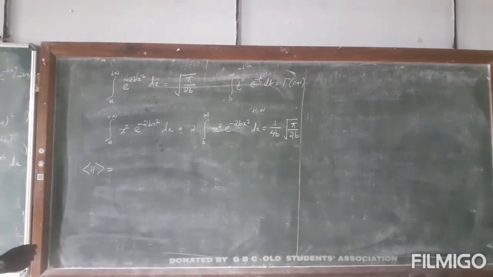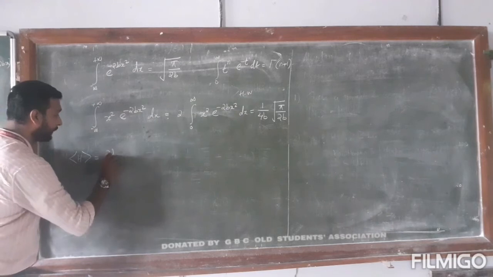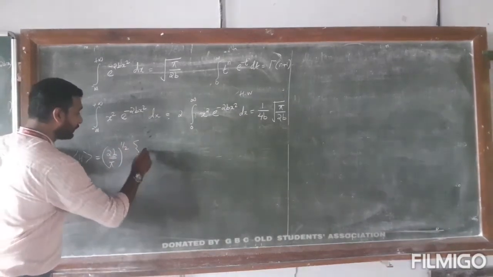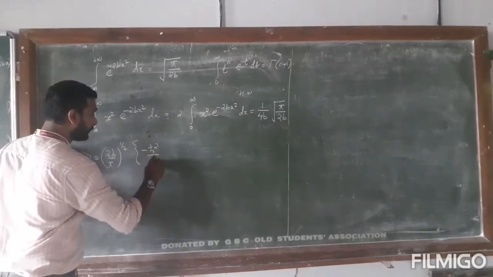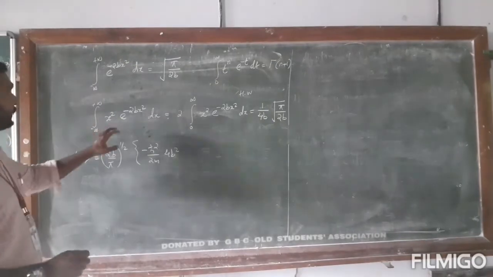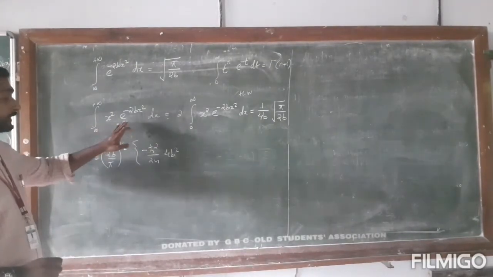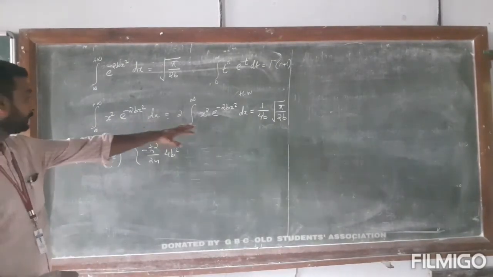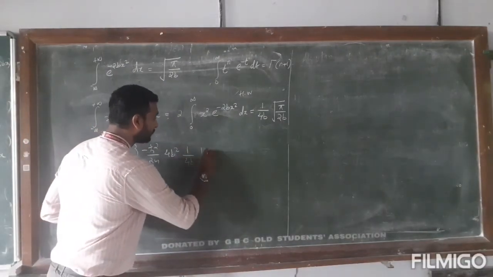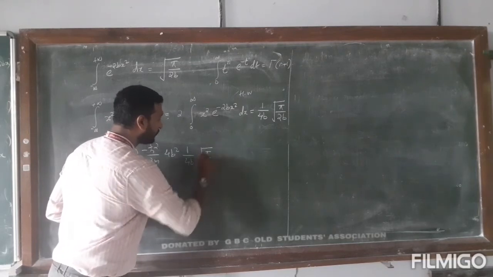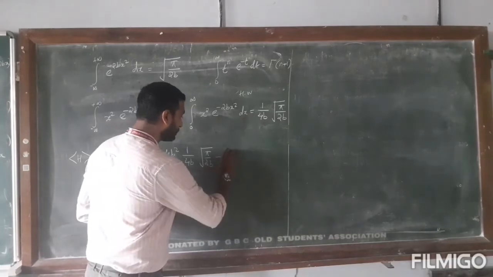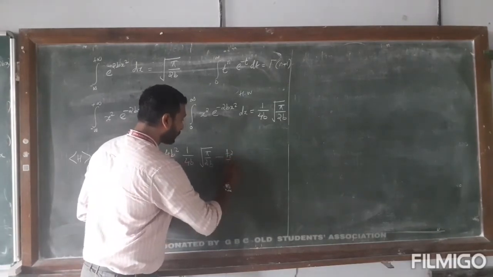If you look at the Hamiltonian, that would be (b/π)^(1/2), then minus ħ²/2m for b², then we get this integration, minus x² e^(−2bx²) dx, and that is nothing but 1/4b times √(π/2b), then plus or minus ħ²/2m.